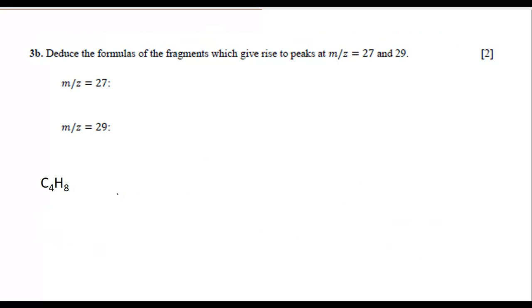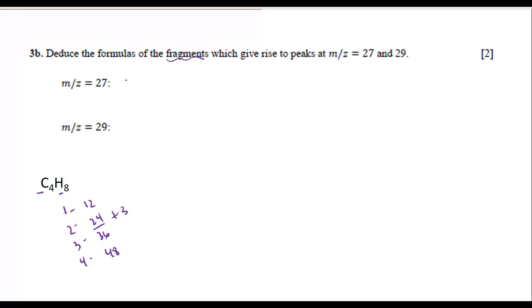So now that we know that the molecular formula is C4H8, it's asking us to figure out what are the fragments that could give rise to peaks at 27 and 29. When I think about hydrocarbons, we know that they're going to be clumps of carbons and clumps of hydrogens. So I like to think of masses of my carbons. If I've got 1, it's 12, 2 is 24, 36, and 48. 1 carbon, 2, 3, 4 carbons. 27 is 24 plus 3.